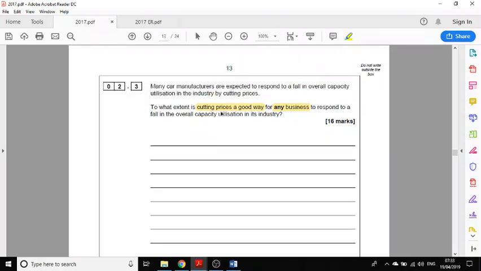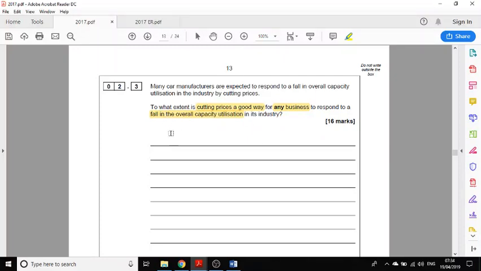The 16-mark evaluation question associated with this is that many car manufacturers are expected to respond to a fall in capacity utilization by cutting prices. The question is, to what extent is cutting prices a good way for any business to respond to a fall in the overall capacity utilization in its industry?